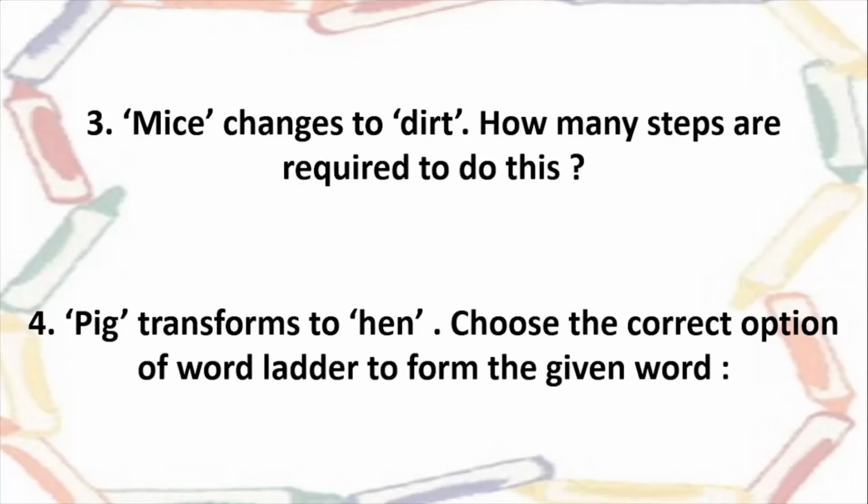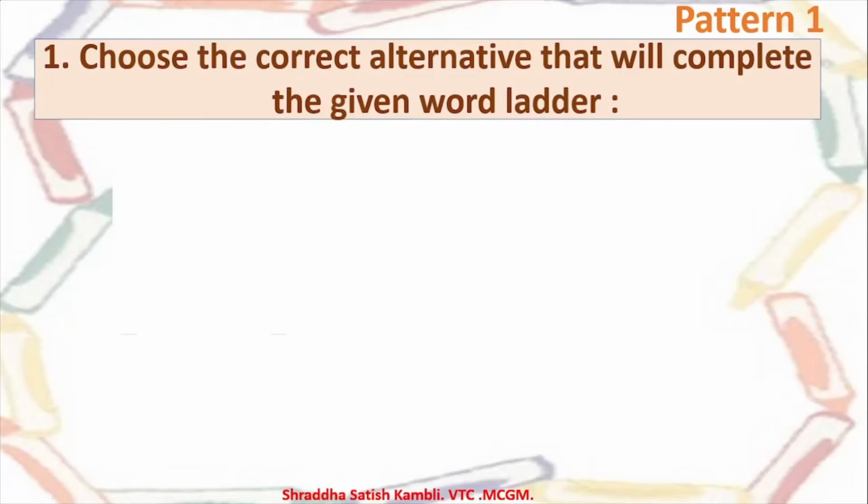Alright, so having said this, let us start and let us solve at least 5 examples from each of the patterns. Are you ready? Come on, let's go to pattern 1, question 1. Choose the correct alternative that will complete the given word ladder. So which is the word ladder?